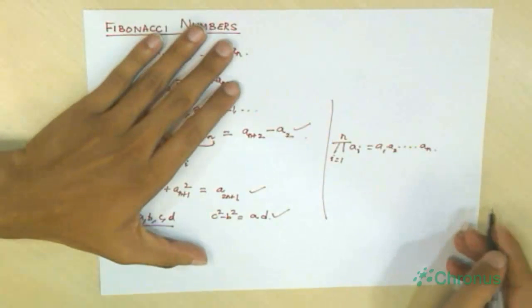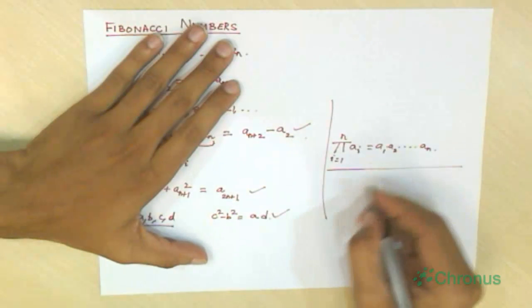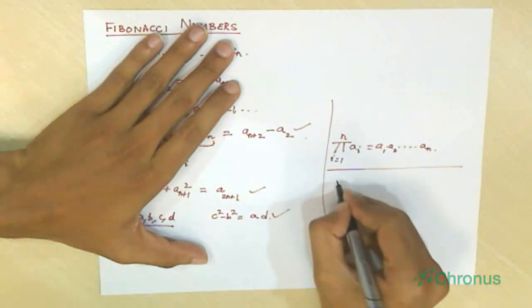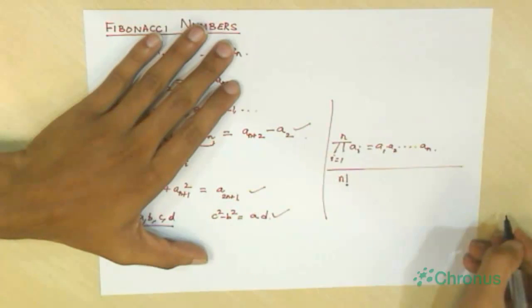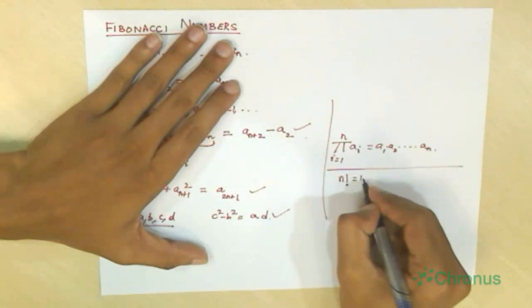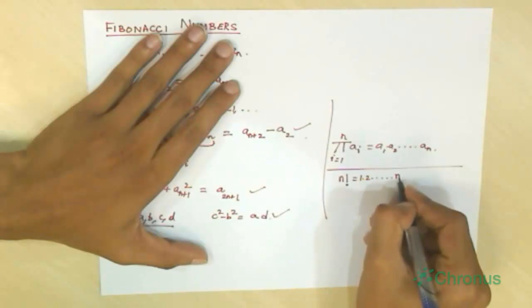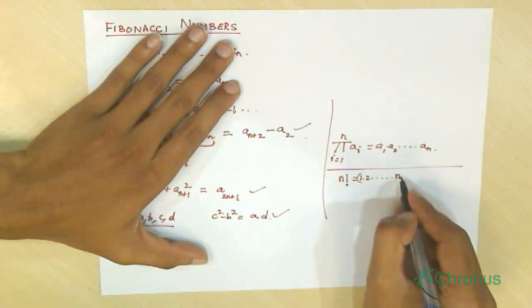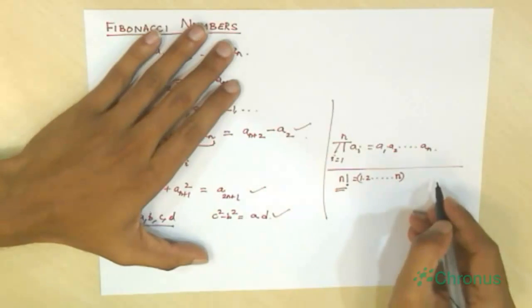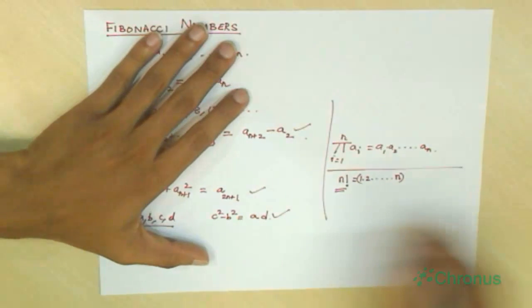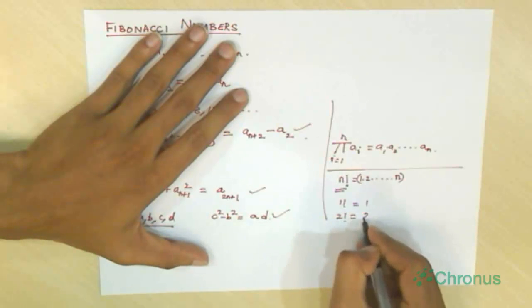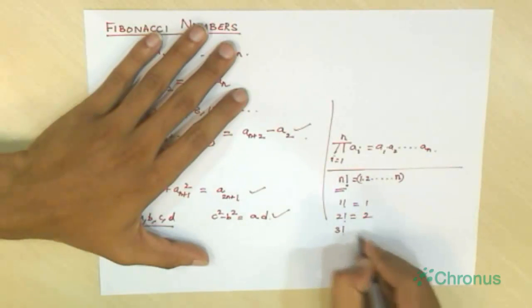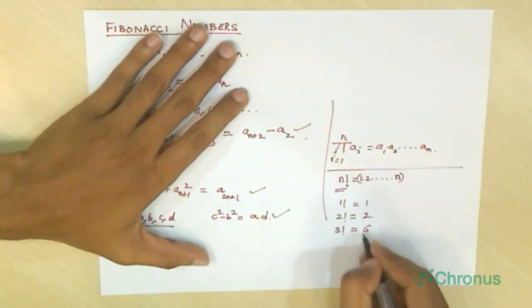And now another topic is factorial. Say, if n is an integer, we have something called n factorial, which is nothing but 1 into 2 into so on into n. So the product of the first n natural numbers is called n factorial. So 1 factorial is 1, 2 factorial is 1 into 2 is 2, 3 factorial is 1 into 2 into 3 is 6, and so on.